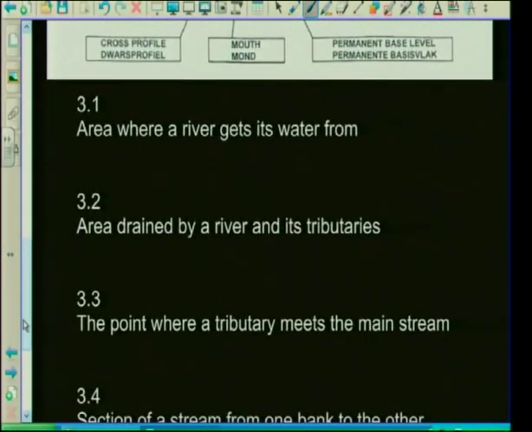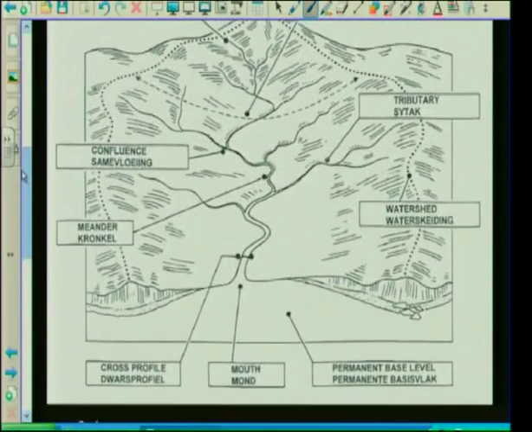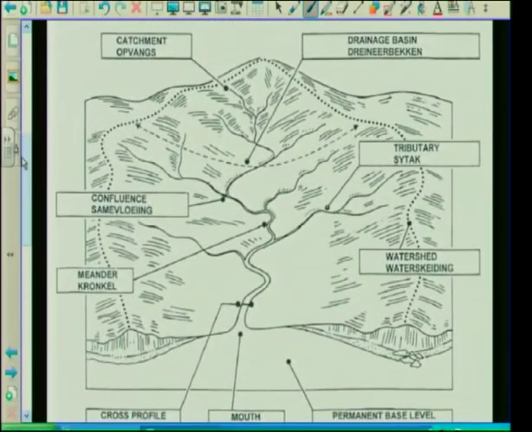Number 3.1 says, the area where a river gets its water from. So if you go back and we look at the diagram, we see we've got a drainage basin, we've got catchment area, we've got confluence, tributaries, watershed, meander, and the most important one is what's called the catchment area.